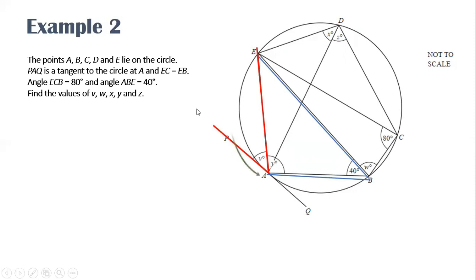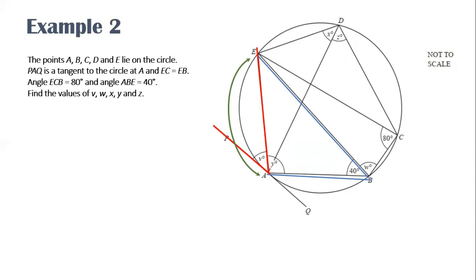That's right. Angle EBA or angle ABE is opposite to arc AE.